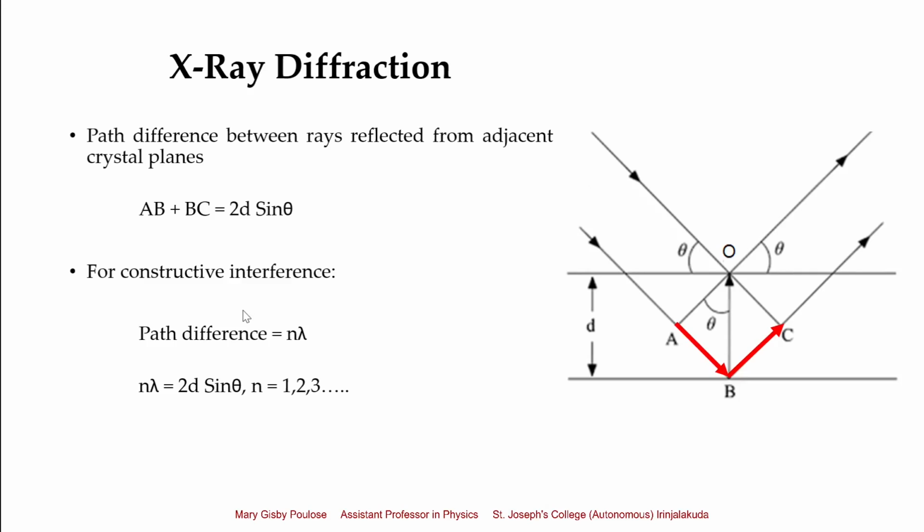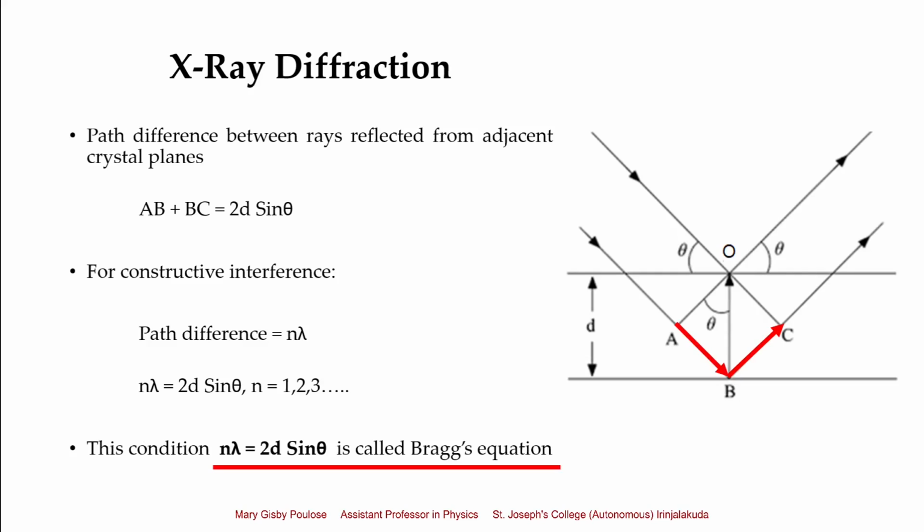Thus, if n lambda equals 2d sine theta is satisfied, where n can have values 1, 2, 3, etc., any integer value, we will see a diffracted beam at these positions of theta. Hence, this condition n lambda equals 2d sine theta is called Bragg's equation. It is this equation that explains X-ray diffraction.